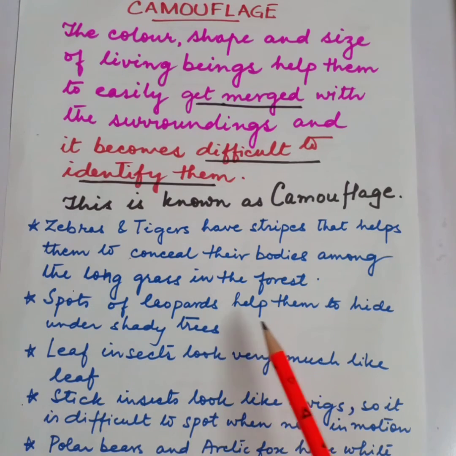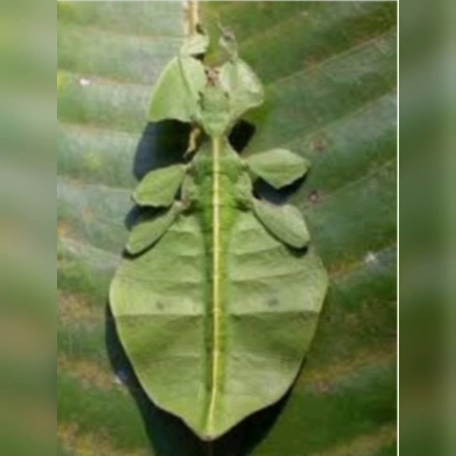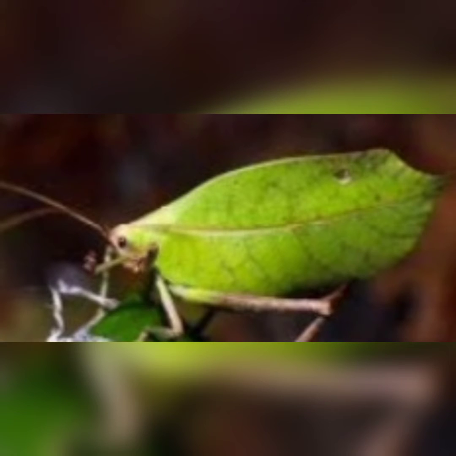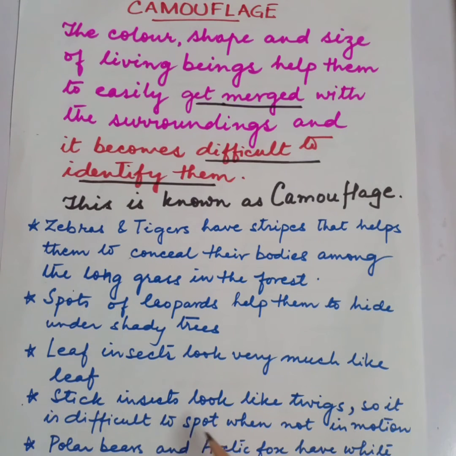Spots of leopards help them to hide under shady trees. Leaf insects look very much like leaf. Stick insects look like twigs, so it is difficult to spot when not in motion. Polar bears and Arctic fox have white fur that matches the white snow. Chameleon is capable of changing color.